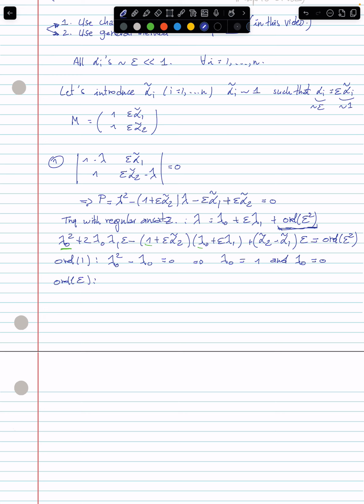And at the following order, epsilon, what we have is just what remains. So 2 lambda 0 lambda 1. We have here, I see a minus alpha 2 tilde lambda 0. Then I see a minus lambda 1. Then another epsilon square, which is dropped. And then plus alpha 2 minus alpha 1.